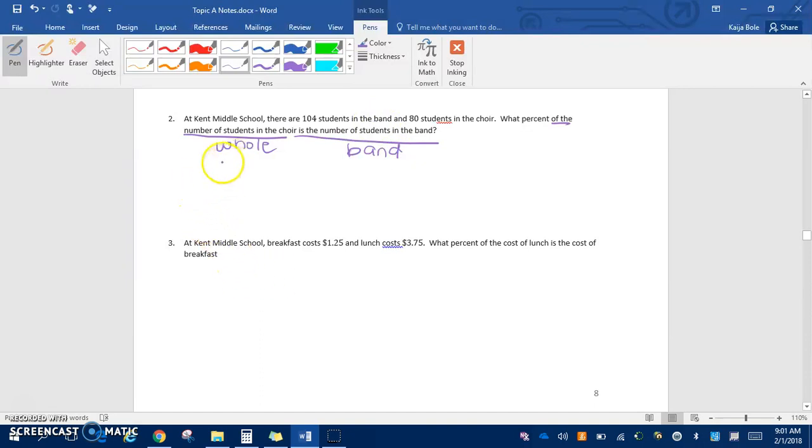So if we set up our equation, oh, I don't know why I wrote band there. I meant to write the word part. There we go, that's better. So our equation: we have our part, which is 104, equals, we don't know our percent, x, times our whole, which is 80. So we divide by 80 on both sides, and when you do that, you get 1.3 equals x. So as a percent, that would be 130%.